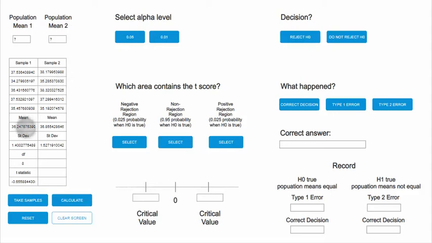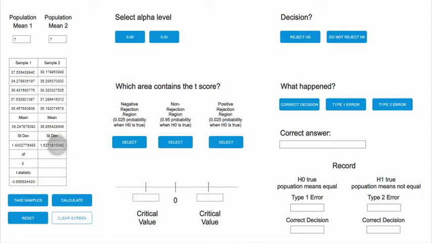This mean age right here is just an estimate of the mean of population 1, and this right here is just an estimate of the mean of population 2, because they're the sample means. And now down here we have the t-score, which is what's used for the t-test.